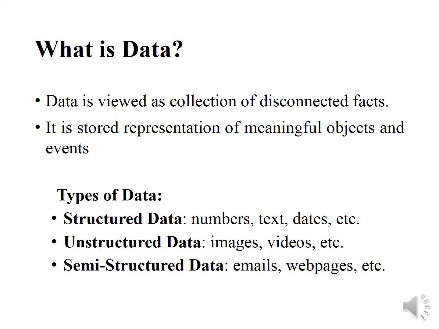Now we will talk about what data is. Data is viewed as a collection of disconnected facts. It is the stored representation of meaningful objects and events. There are three types of data: structured data, unstructured data, and semi-structured data.